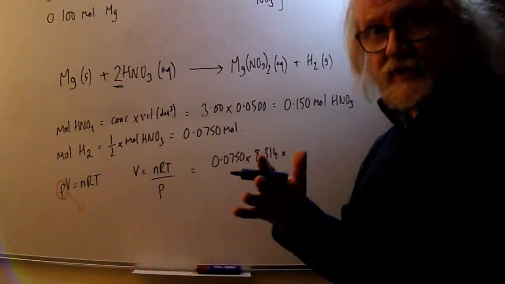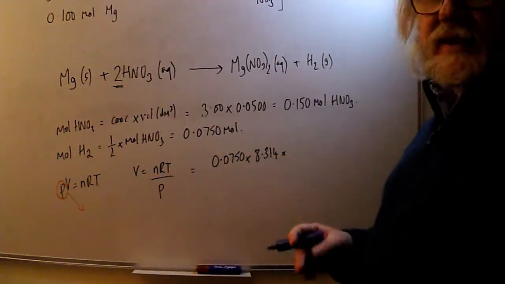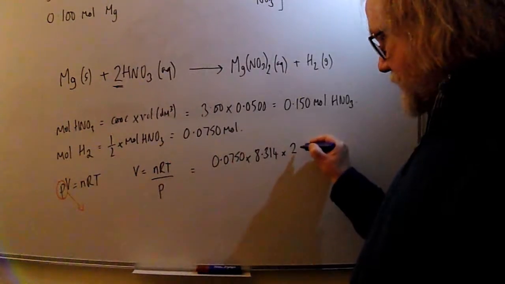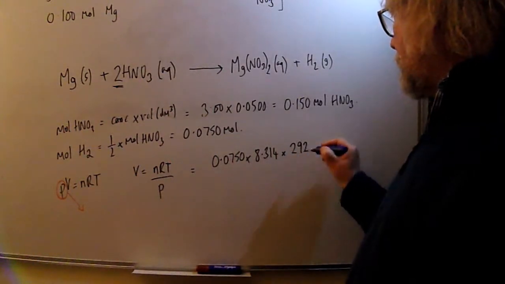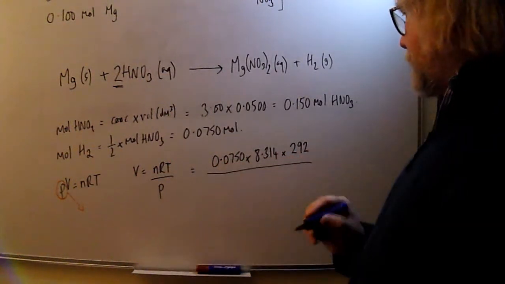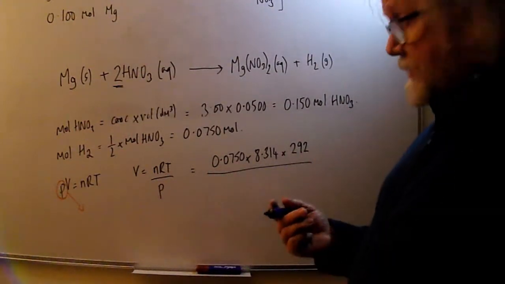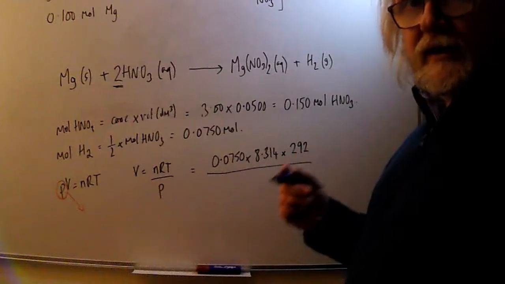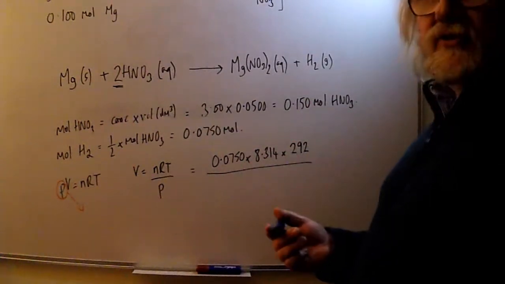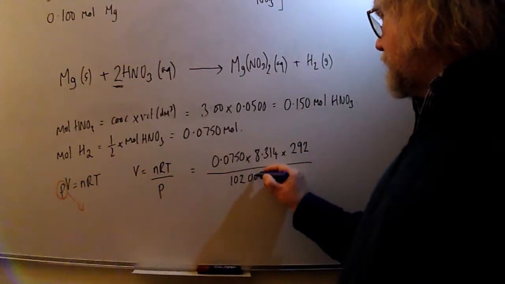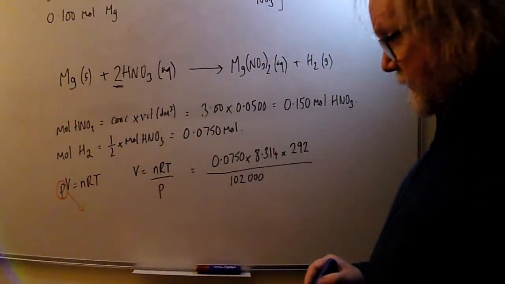So you add 273 onto whatever the temperature was in degrees C. So it was 19, which means this comes out at 292 Kelvin when you add 273 on. And the pressure, again, you've got to be careful with the units. The pressure must be in pascals, and we're told it's 102 kilopascals, so that's 102,000 pascals.